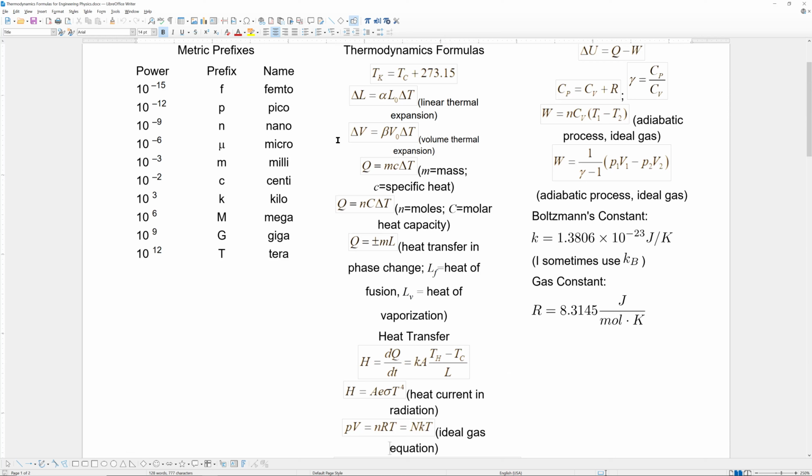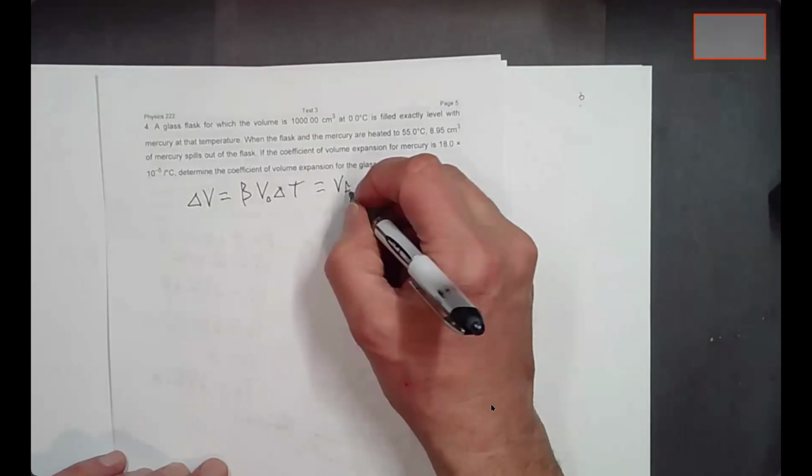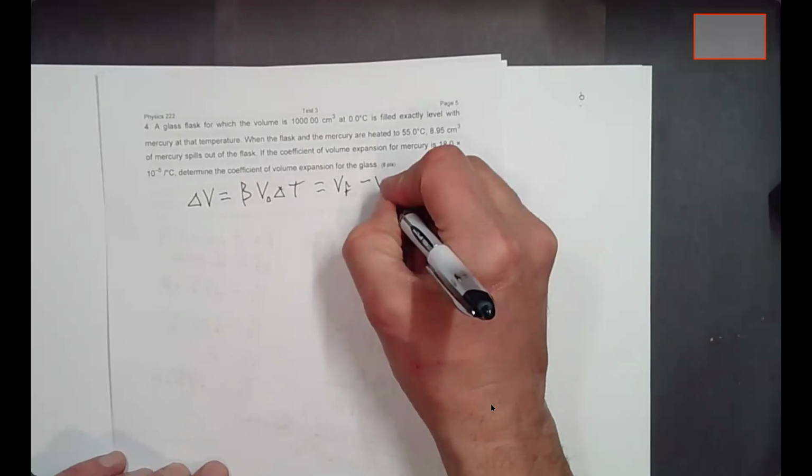Delta V is actually... we're still on the formula sheet again. Okay, I'll get you back. New share, back to this thing. Okay, there we go. Anyway, the delta V is V final minus V naught.